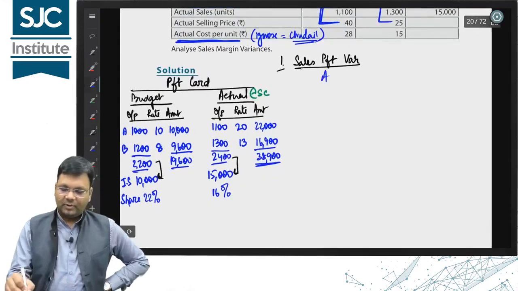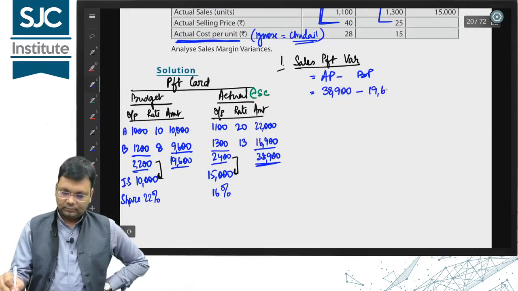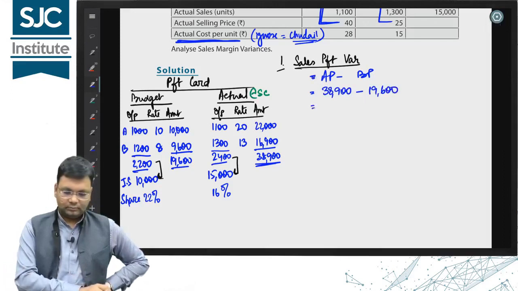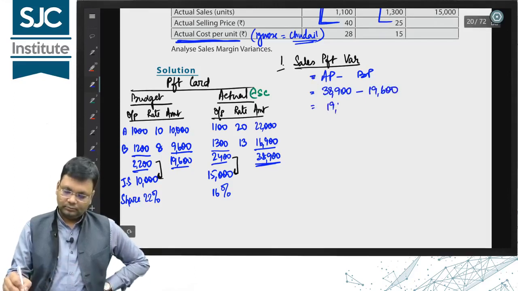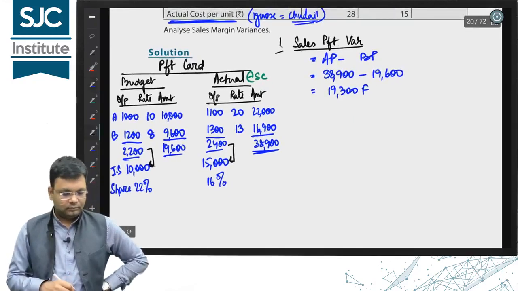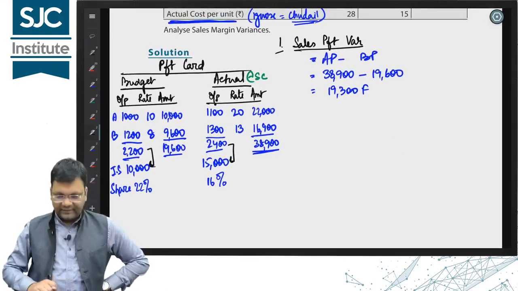This will be actual profit minus budgeted profit. $19,300 favorable.